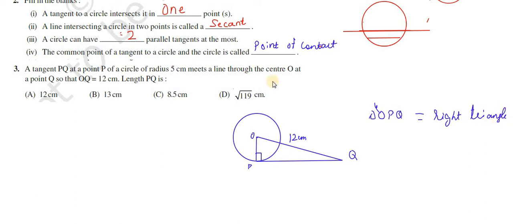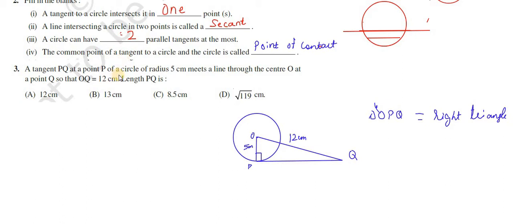Now here OP is the radius. OP is equal to 5 centimeters. So then what is PQ? We need to find it. In the right angle triangle, if we know two sides, we can find the third side using the Pythagoras theorem.